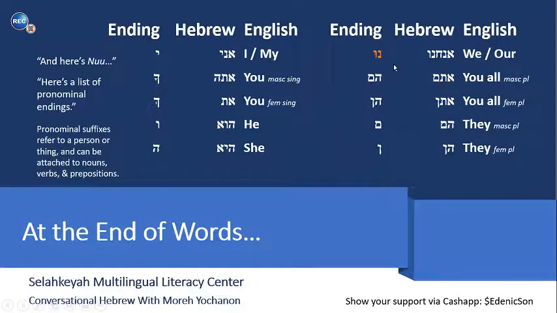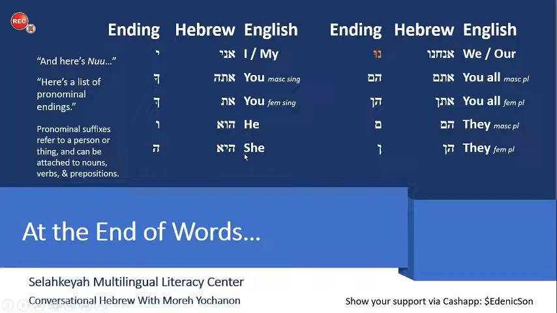Nu. So whenever you see a verb, a noun, or a preposition, and you see one of these endings on it, these endings mean they, you all, we, our, I, you, he, or she.